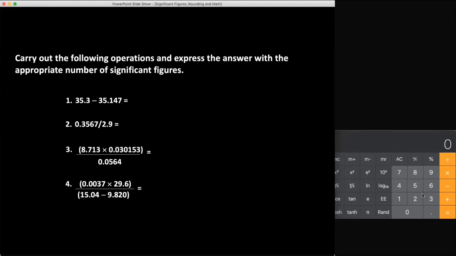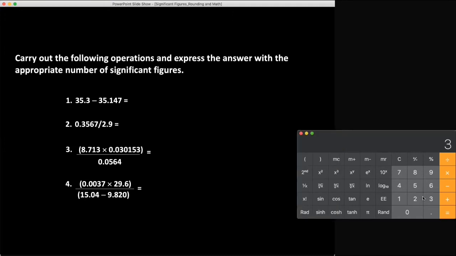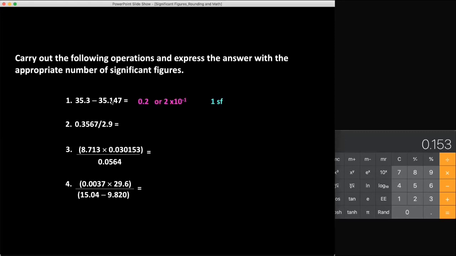For number 1, we have 35.3 minus 35.147. Calculator has 0.153. I'm subtracting.